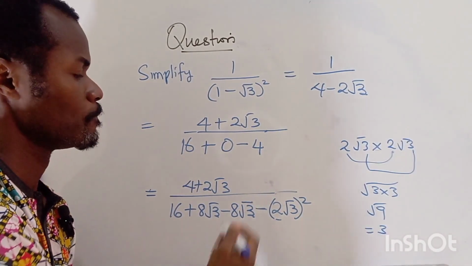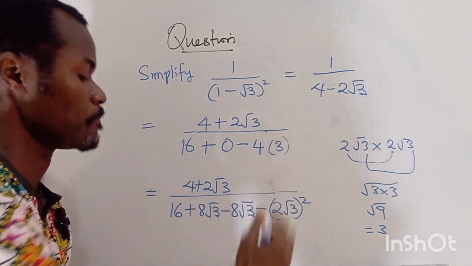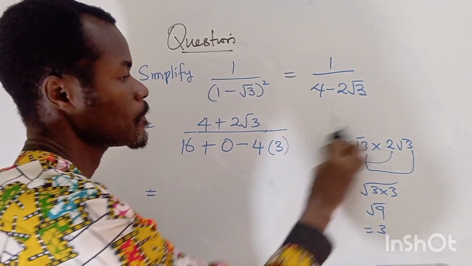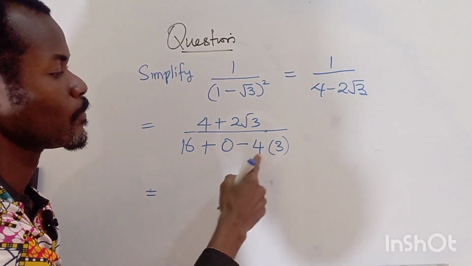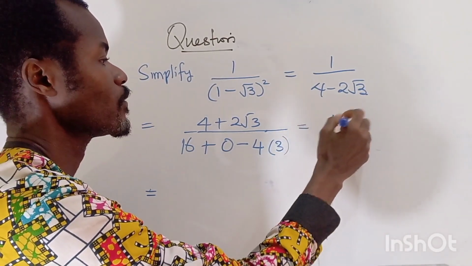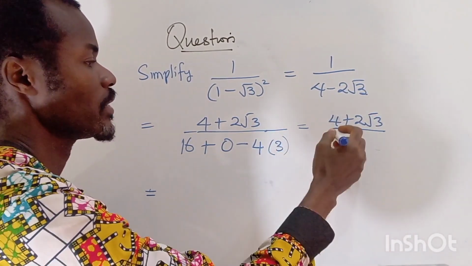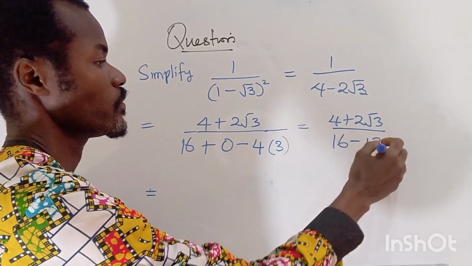So this is 4 multiplied by 3. So with that, we now have this as 4 times 3, which is 12. So we have this as 4 plus 2 root 3 divided by 16 plus 0 is 16 minus 4 times 3, which is 12.